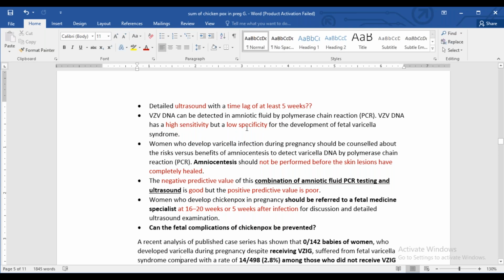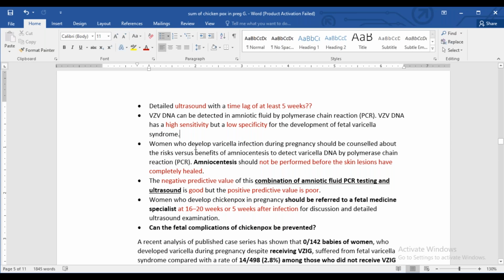Specificity is to spot the true negative. Low specificity means low ability to spot the true negative cases. You have to keep this in mind because they like sensitivity and specificity questions. So if you have to know anything about the PCR, you have to know this, okay?